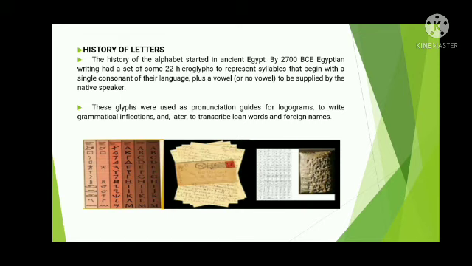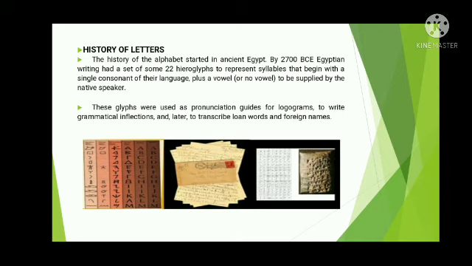The history of the alphabet started in ancient Egypt. By 2700 BCE, Egyptian writing had a set of some 22 hieroglyphics to represent syllables that begin with a single consonant of their language, plus a vowel or no vowel, to be supplied by the native speaker.